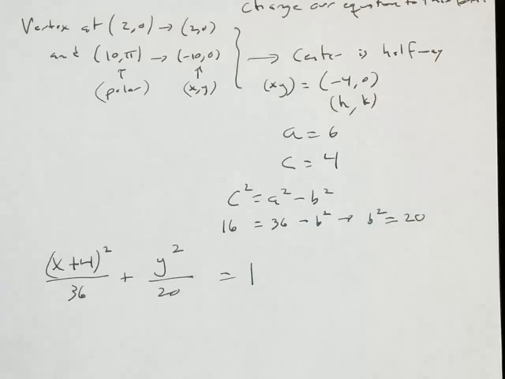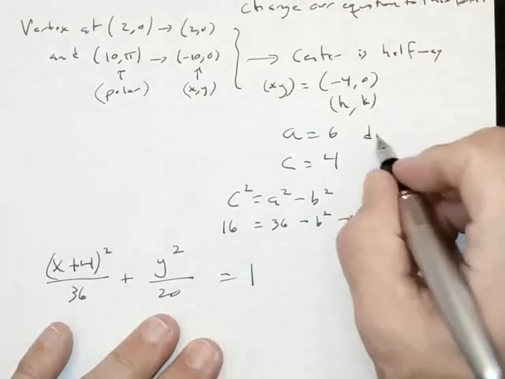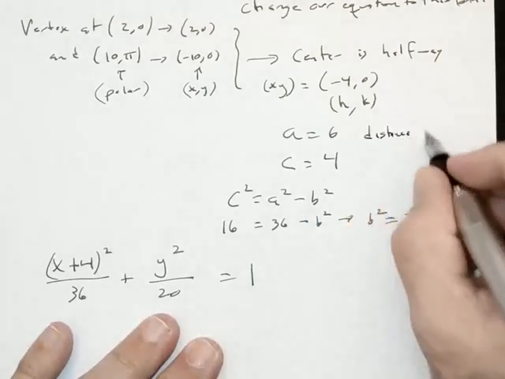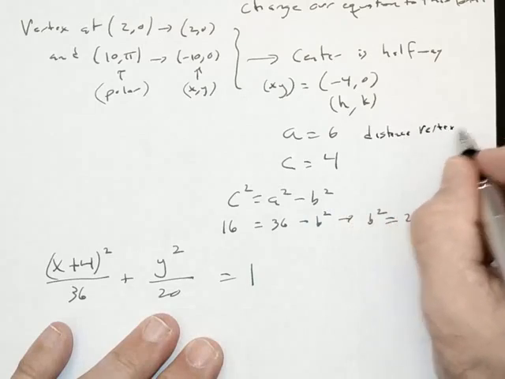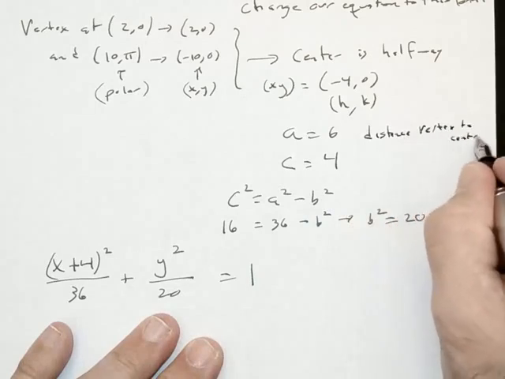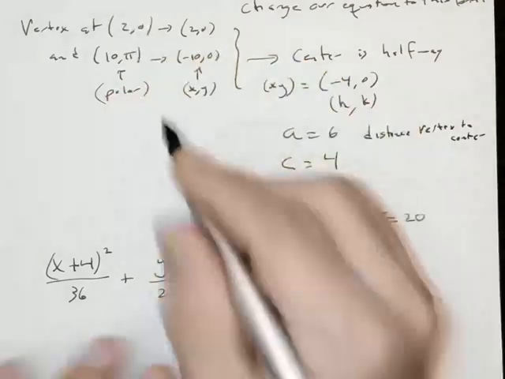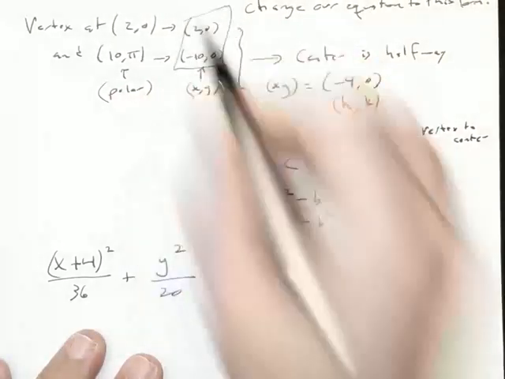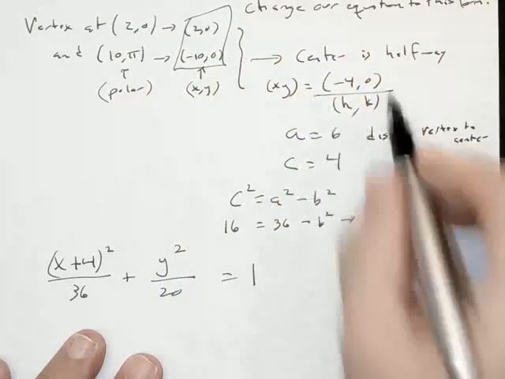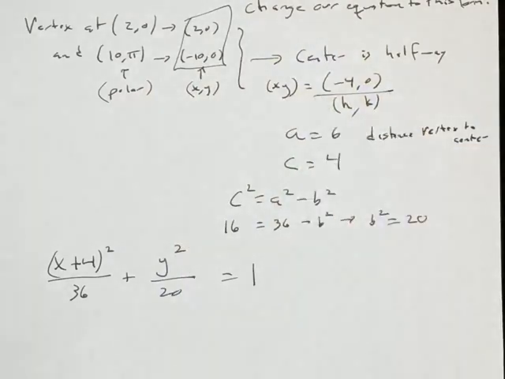A is the distance from vertex to center. The vertex versus the center. How do I go from -10 to -4? I move over by 6 units, right? From 2 to -4, I move over by 6 units.